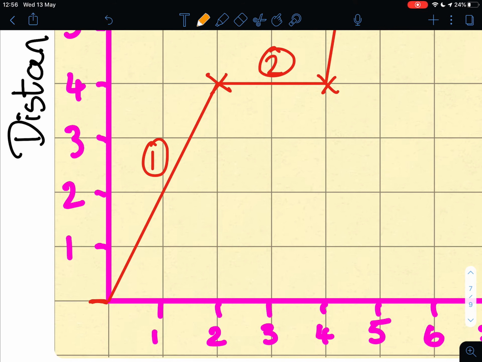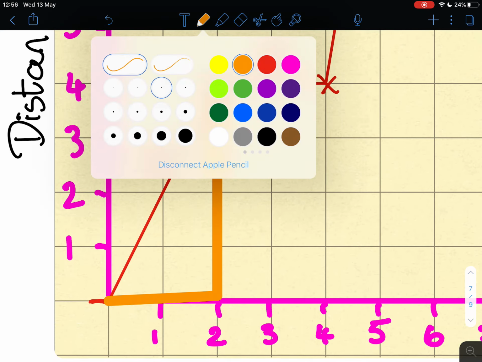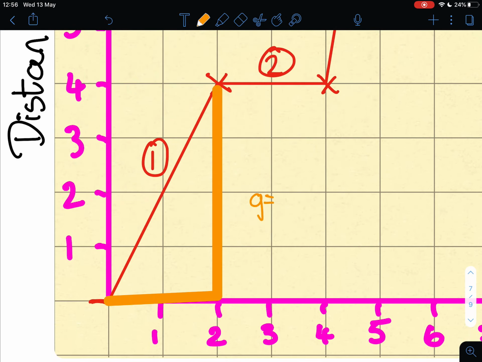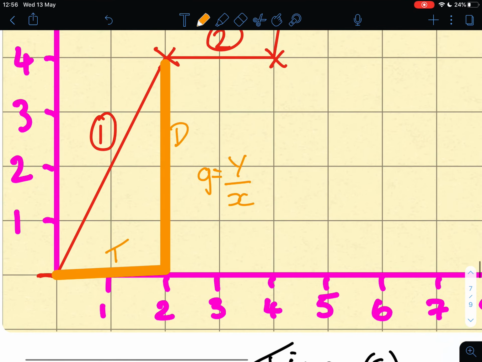We have a distance here. We have a time here. And from mathematics, the gradient of a line, the gradient is y divided by x. So in this case, y is the distance, x is the time. And if we were to do it this way, we'd end up with speed is distance over time. So the gradient is the speed.